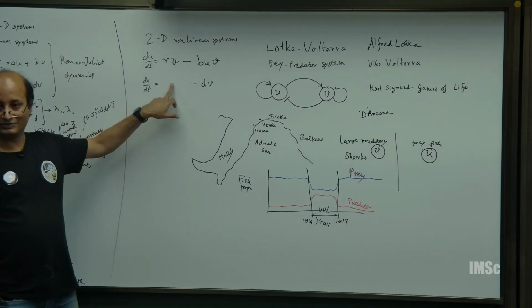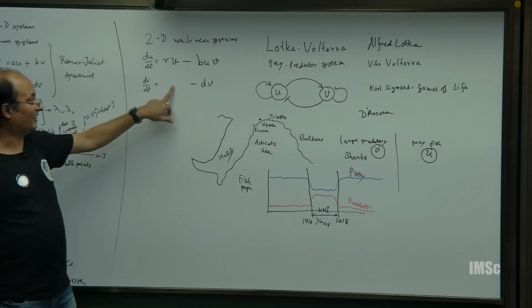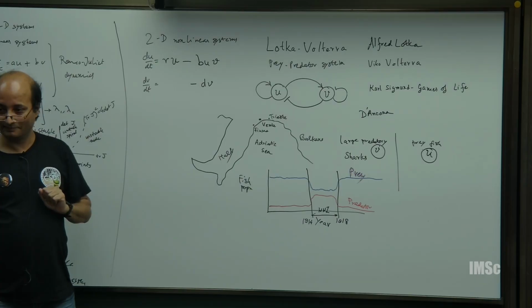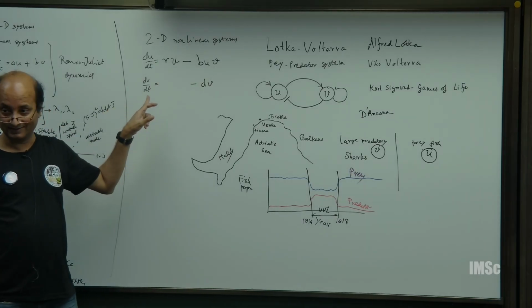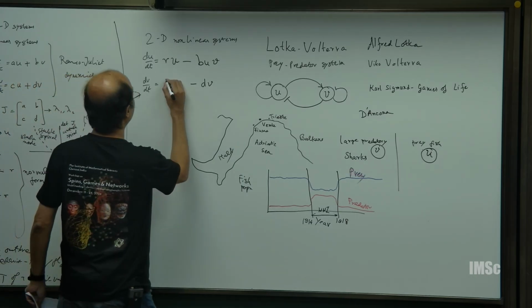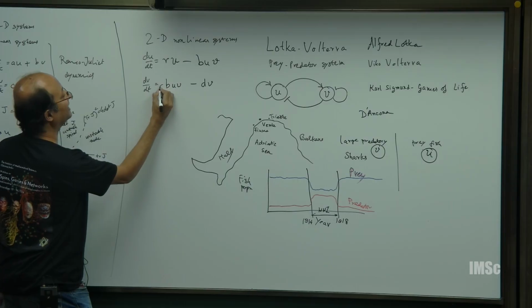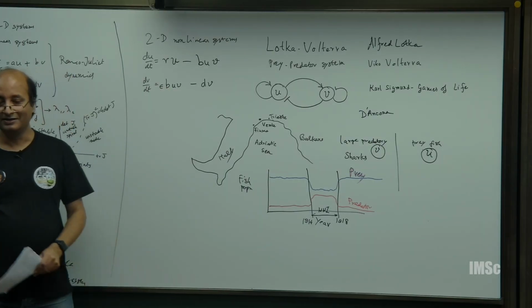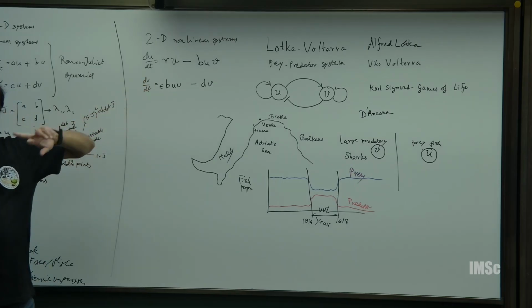But what causes them to maintain their population or maybe increase their population is the fact that they are feeding on the prey. So, exactly like this, but now you will have a positive term. So, it will be say BUV, but you need to multiply something here, epsilon, because what are you talking about here? It is the predator population.